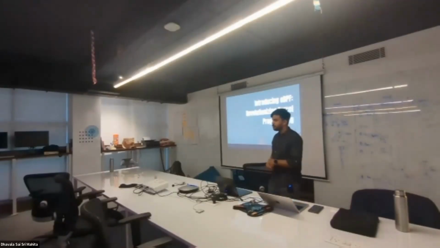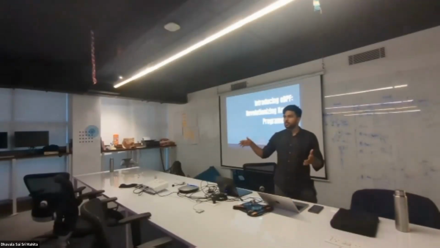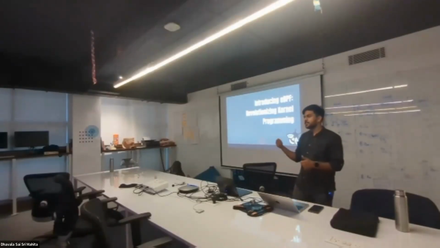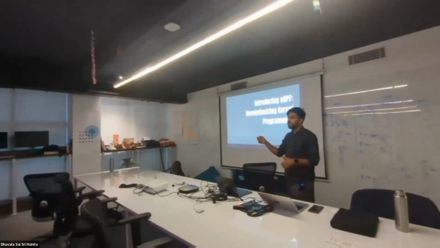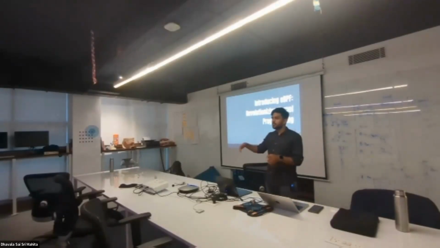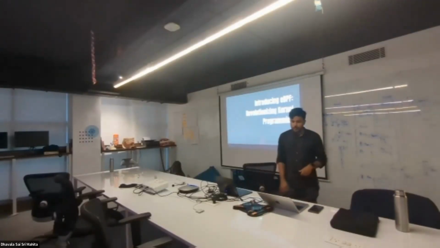Right now, kernel programming is kind of a niche area. We don't go through that. Mostly C developers, C++ developers, or people who work in the kernel do. Other than that, software is all in the user land.